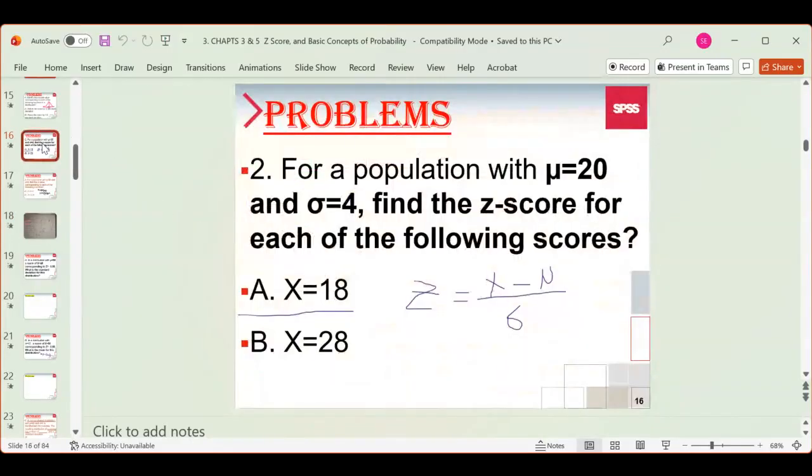So going back here, it says for a population, the mean is 20. And keep in mind, it doesn't have to be IQ. Any standard population. What you need to know is we use the z-score for research when we are using standardized tests, like I mentioned, ACT, GRE, IQ tests, and all that.